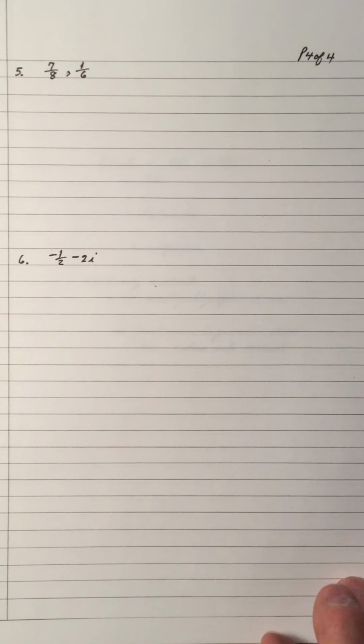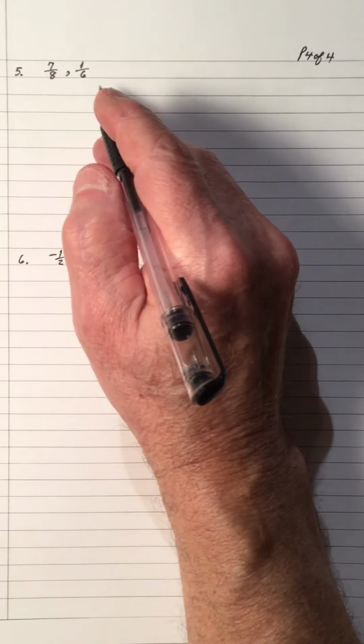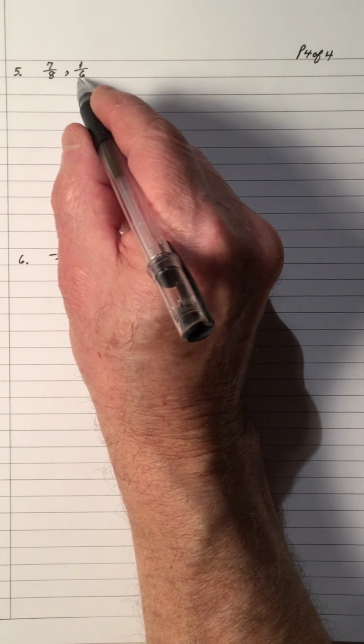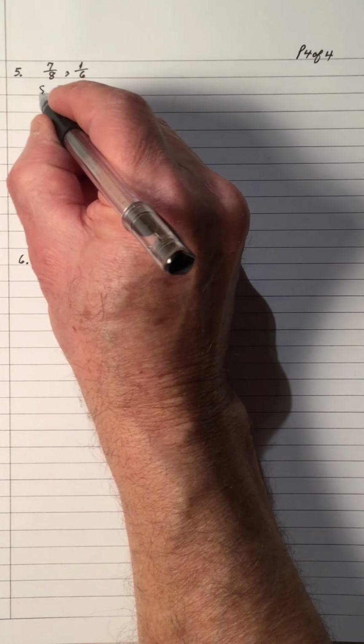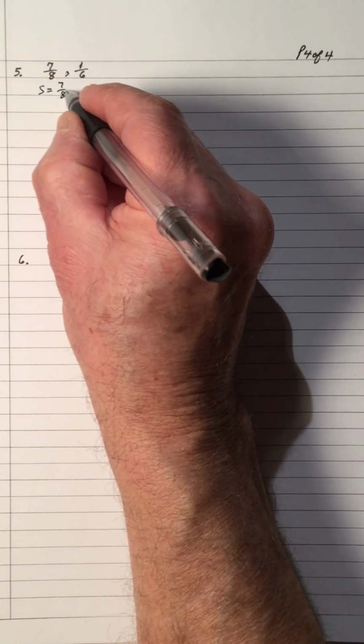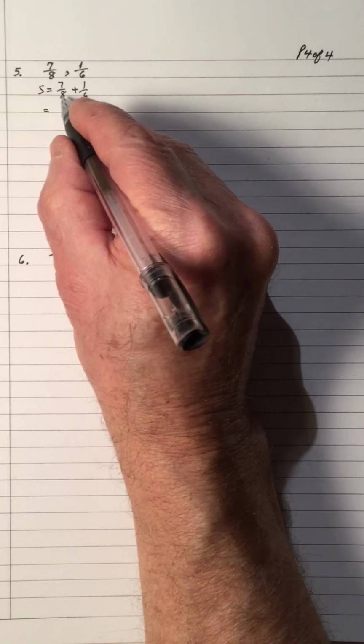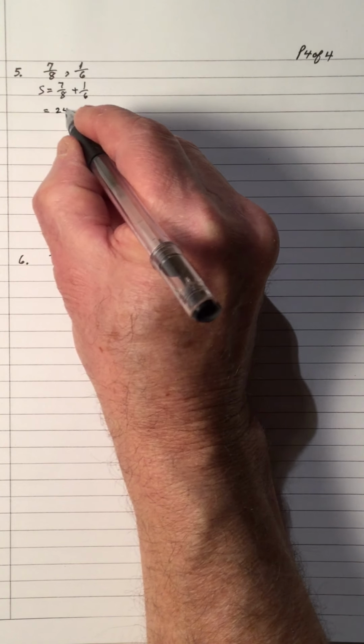Number 5. We got to find the equation ax squared plus bx plus c equals 0 using the sum and the products of the roots. So the sum is 7 over 8, add on 1/6. Common denominator for 8 and 6 is 24.